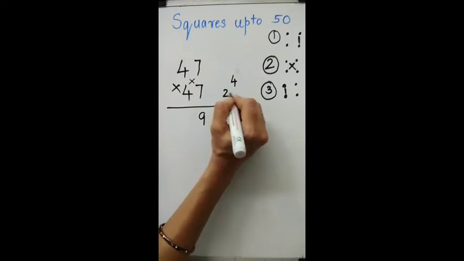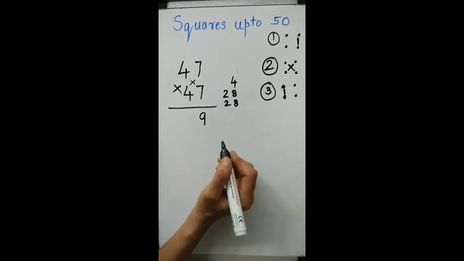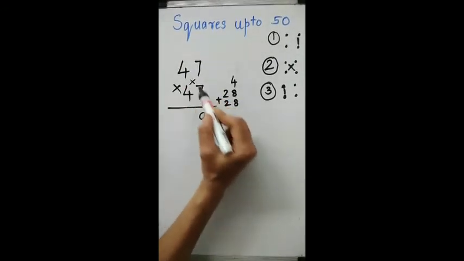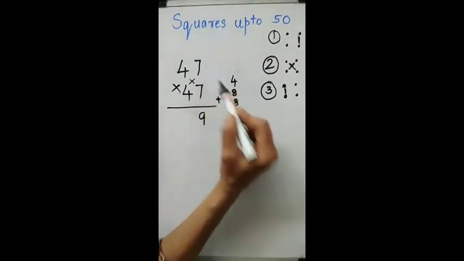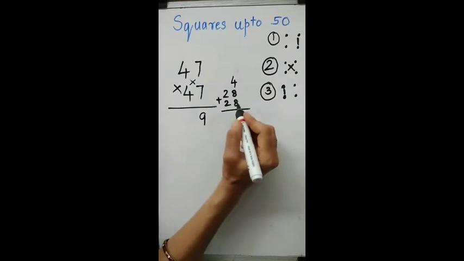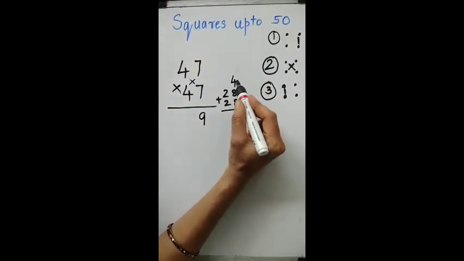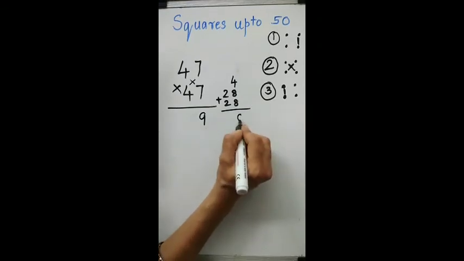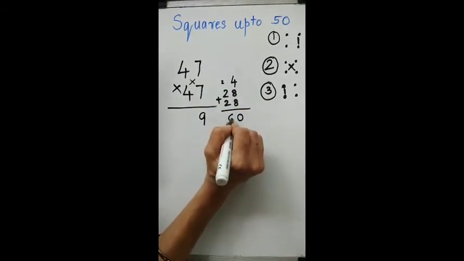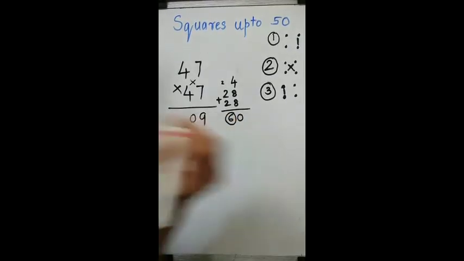So you can add them: 28 and 28 will give me 56. Or you can add like this: 7 fours are 28, 7 fours are 28, to this 4 which is carried. So 8 and 8 is 16, 16 and 4 is 20. So carry 2 and this gives me 6. So I write 0 and 6 gets carried again.